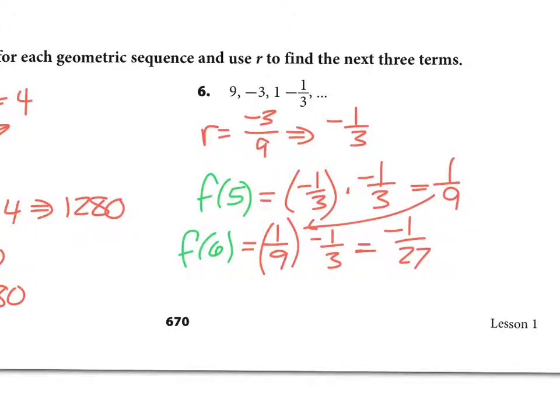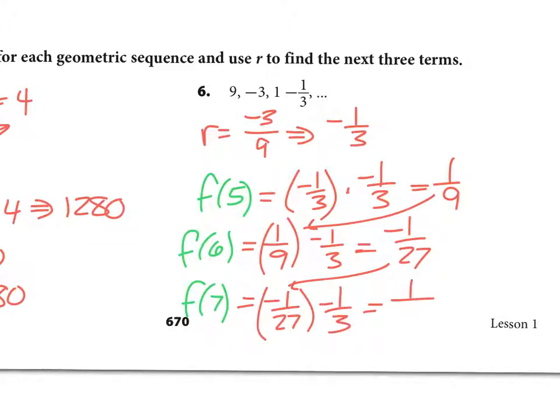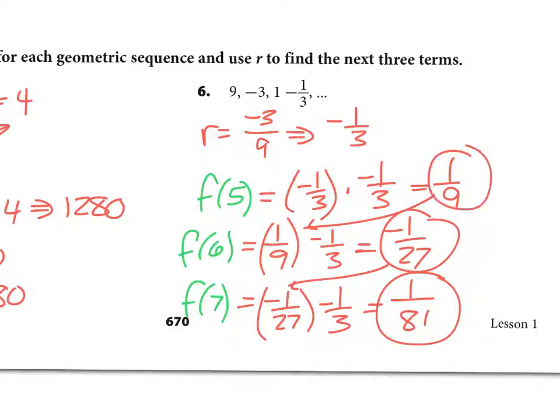Then to find the next third term, I take negative 1/27, multiply it times the r, negative 1/3, and that gives me 1/81. So those are my next 3 terms in the sequence.